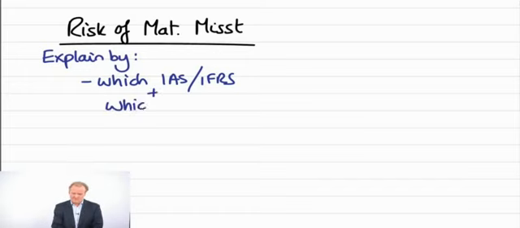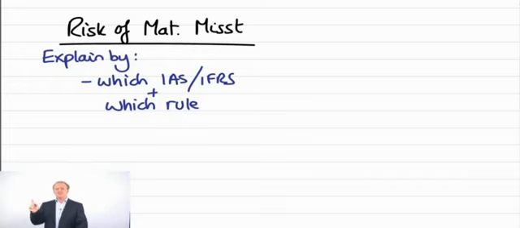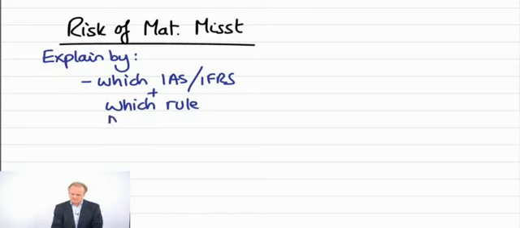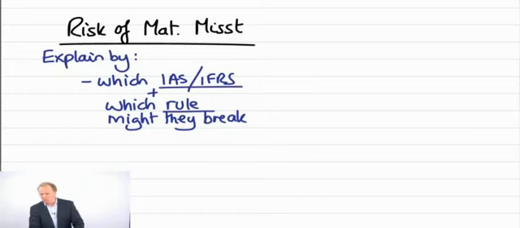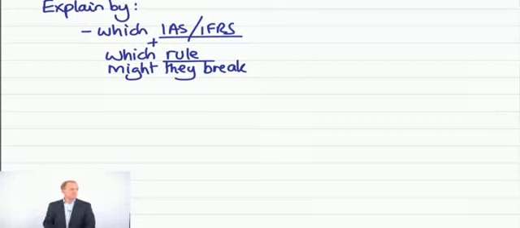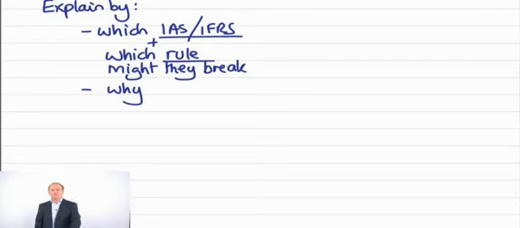And preferably, which specific rule do you think they're at risk of breaking? Why do you think they're at risk of breaking it? What's your logic for saying, oh, they might get that wrong?